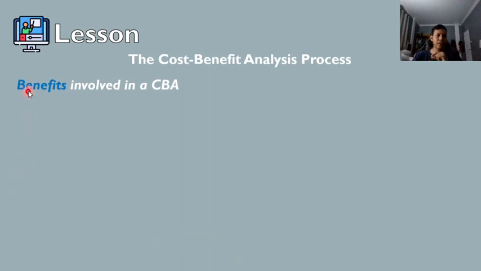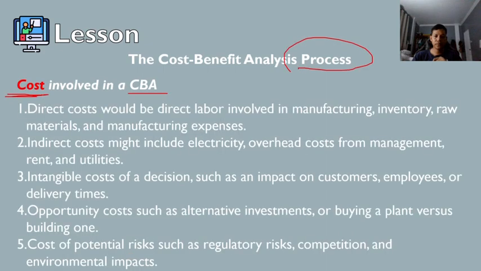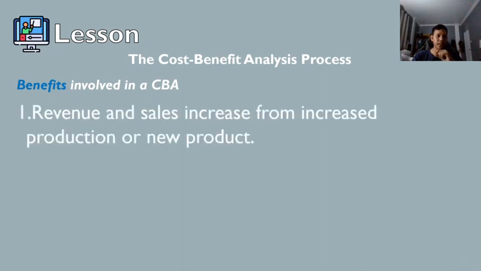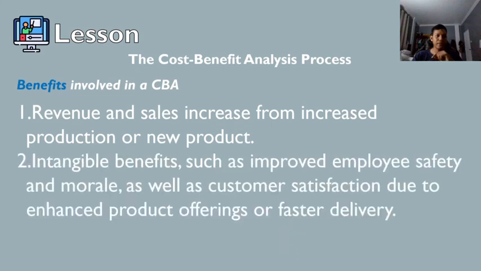Okay, so this is on the positive side of a certain project, for example. So number one, I present to you three examples here. First is the revenue and the sales increase from increased production or new product. The second one is the intangible benefits such as improved employee safety and morale.